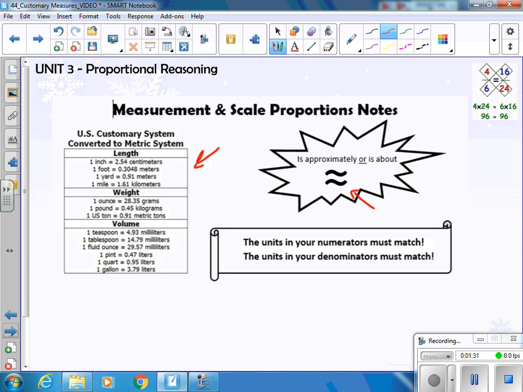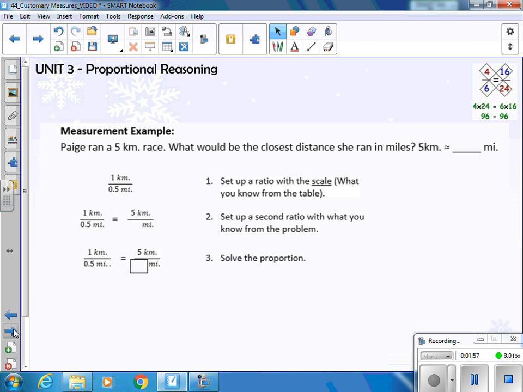And when you're setting these up, the units in your numerators must match, and the units in your denominators must match. So if I'm setting up inches to centimeters, you want to make sure you're lining them up. Remember, we've always talked about setting up your proportion and labeling what is in your proportion on the left before you get started. This is going to be really important as you move into this lesson.